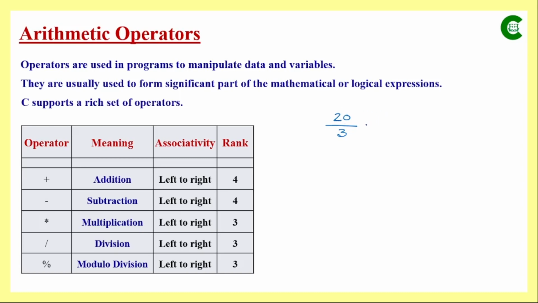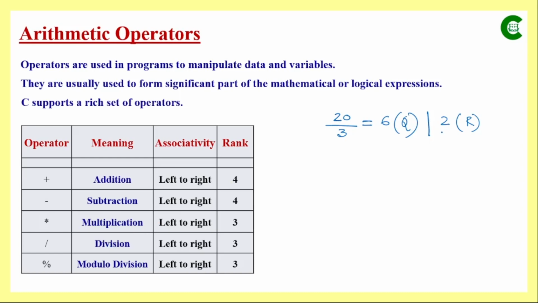But if we want to know the integer value of the quotient and remainder, then we know that 6 3s are 18, and 18 plus 2 is 20. So in integer the quotient value will be 6 and the remainder value will be 2. So if we perform integer operation, which I will talk about very soon, then for the division between 20 and 3, the result will be 6, and for the modulo division the result will be 2.